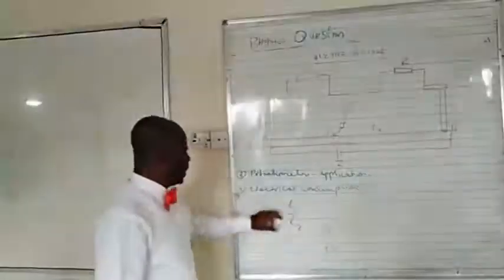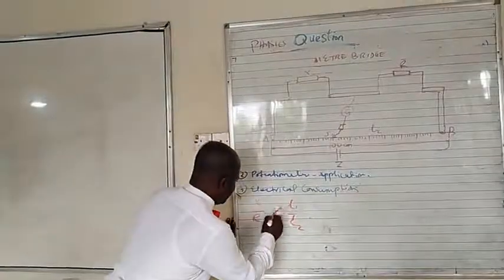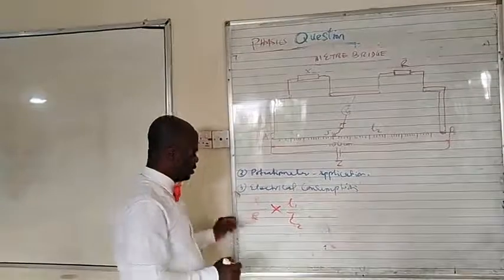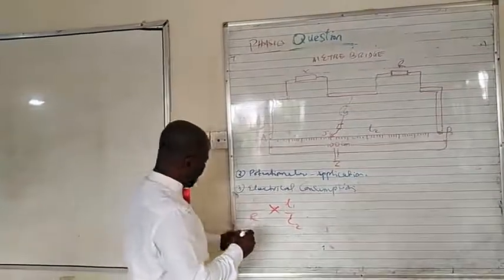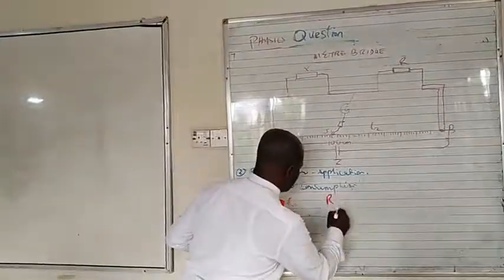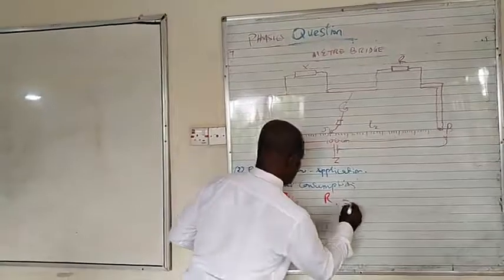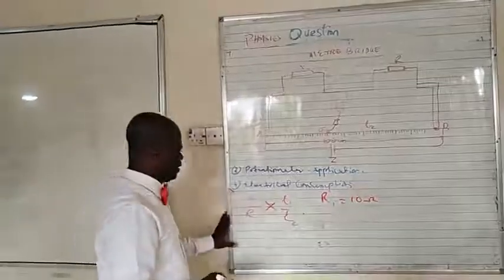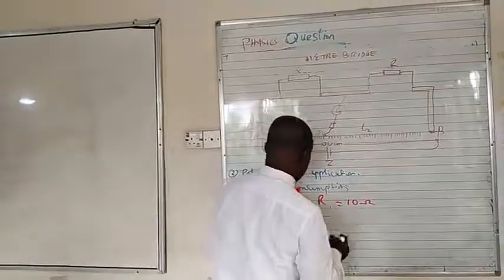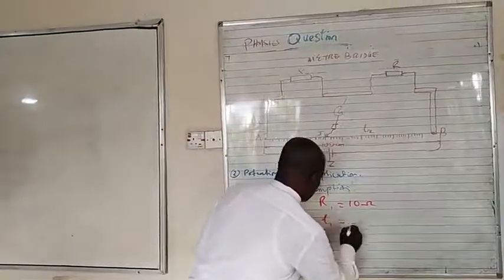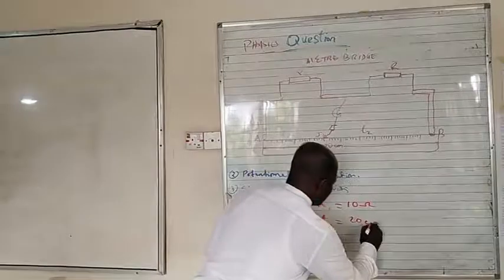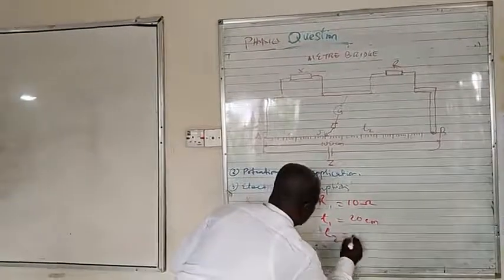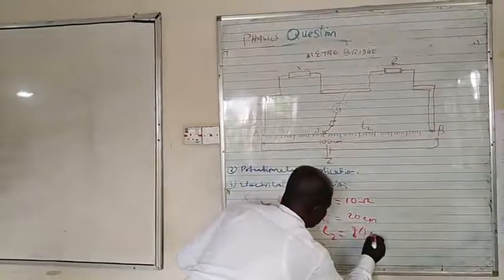Now, if you cross multiply this expression, and in case this is known and this is not known, we want to find X. If our R is equal to 10 ohms, and our L1 is equal to 20 centimeters, definitely our L2 will be equal to 80 centimeters.